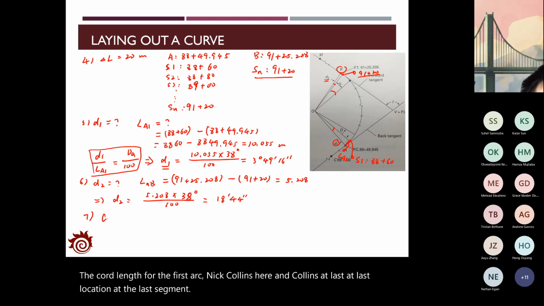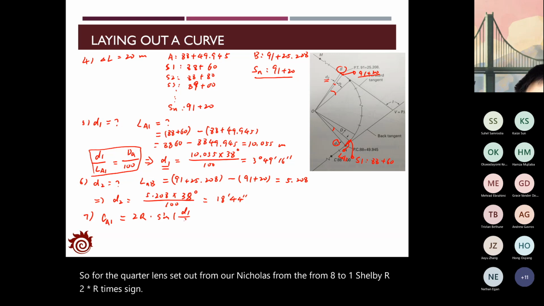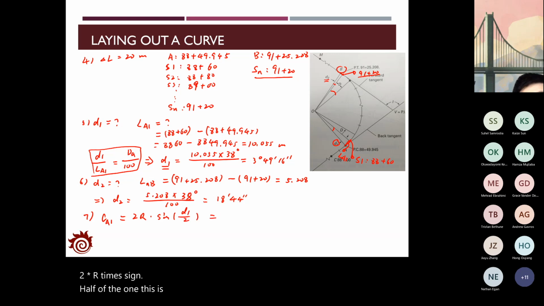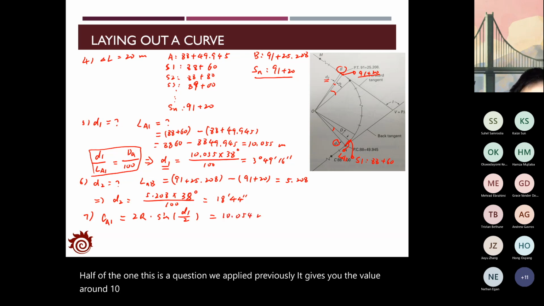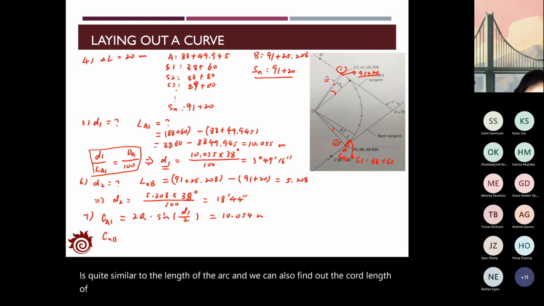So the chord length from A to 1 shall be 2 times R times the sine half of D1. This is the equation we applied previously. It gives you the value around 10.054 meters. It's quite similar to the length of the arc.